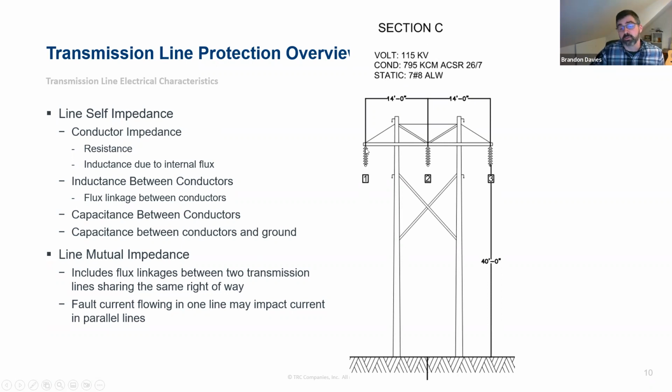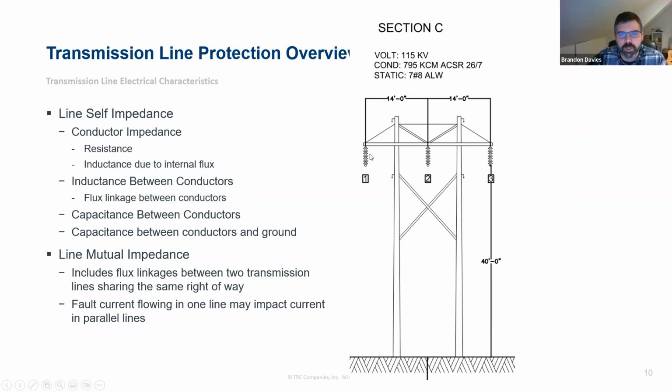In general, you're going to see more of these insulators the higher the voltage that you are working on. So this is a 115 kV line, and there's probably a typical metric of, you need X amount of insulators per kV, or a certain amount of kVs would cover a single insulator.